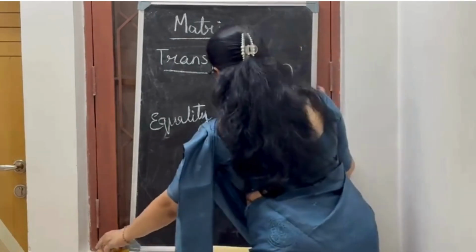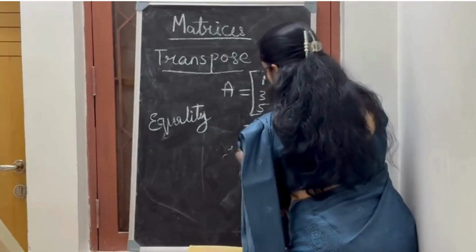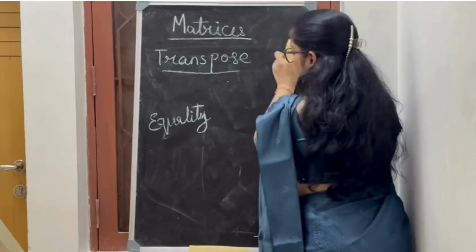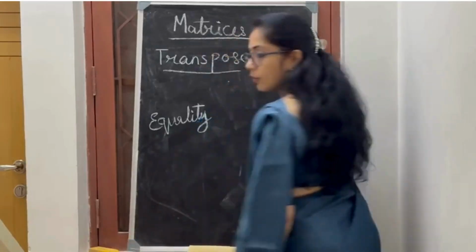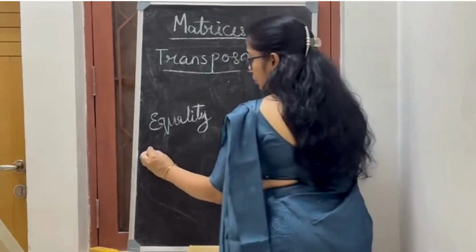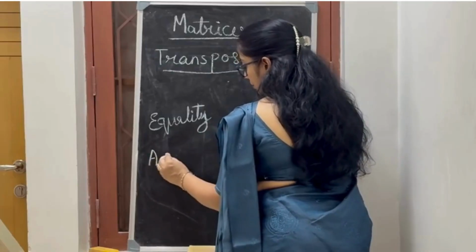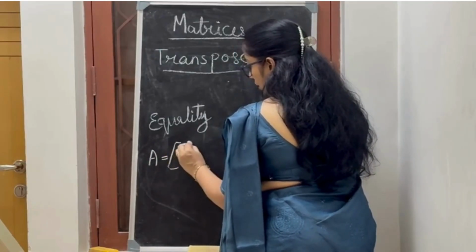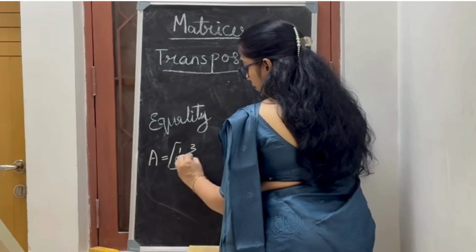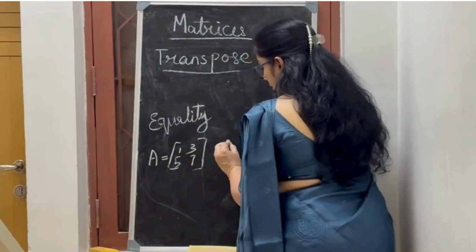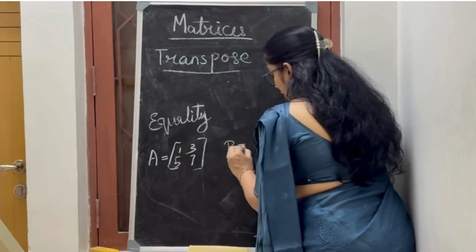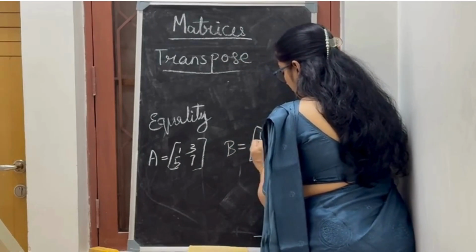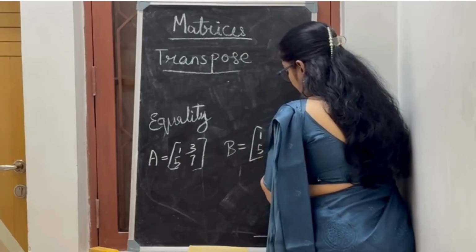Now, equality. What is equality? Equality means when you have 2 matrices. Example, A has 1, 3, 5, 7, and B equals 1, 3, 5, 7.